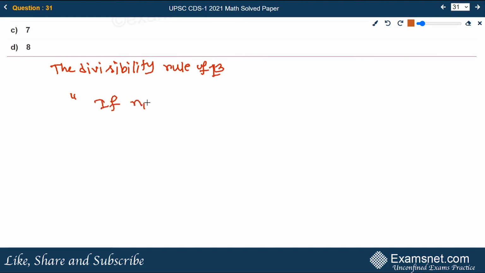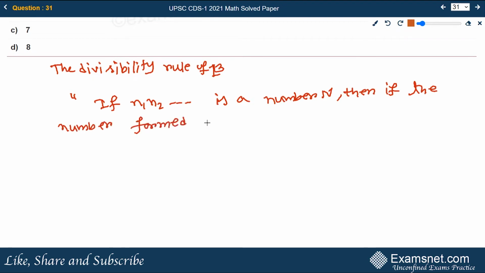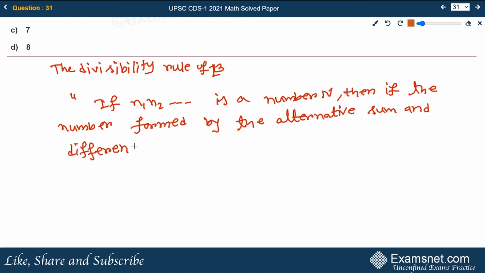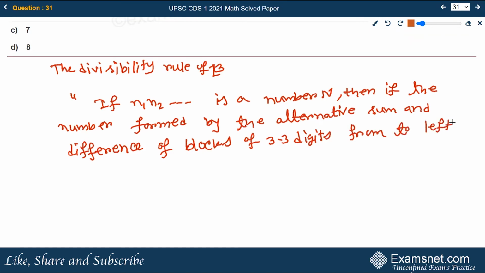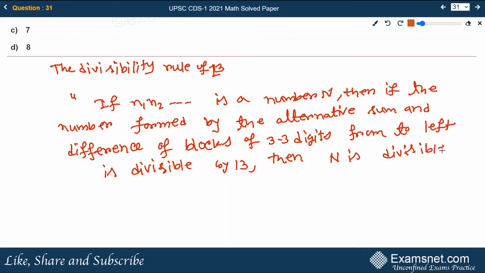If n1 n2 dot dot dot are the digits of a number n, and the number formed by the alternating sum and difference of blocks of three digits from right to left is divisible by 13, then n is divisible by 13.